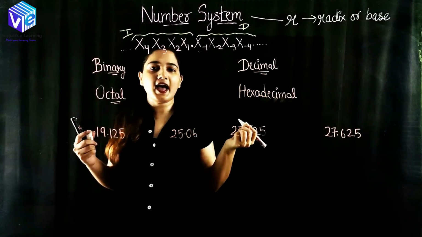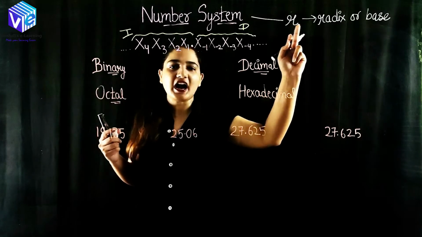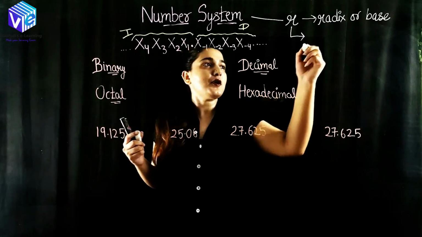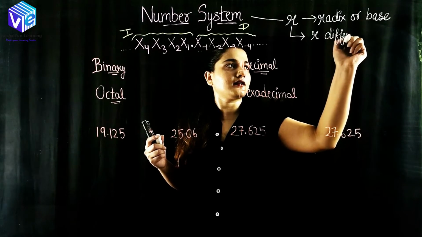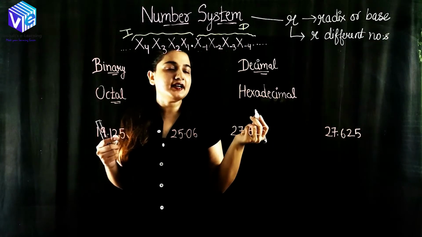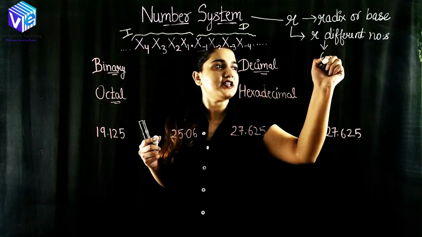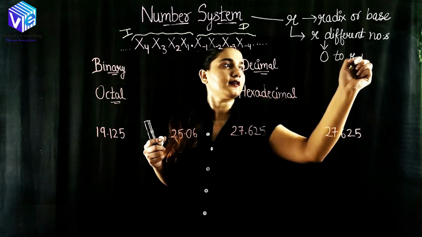If I have any number system with base or radix R, then we can define the number system with R different numbers, and these R different numbers range from 0 to R minus 1.